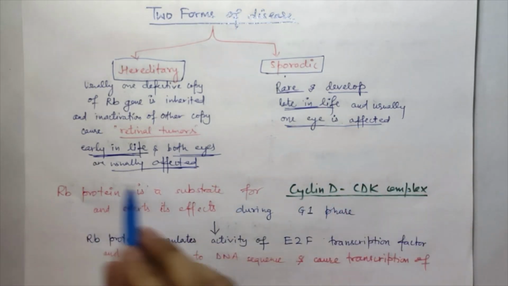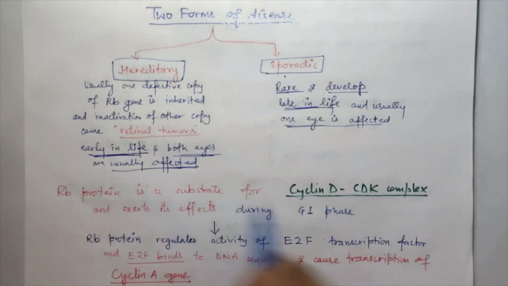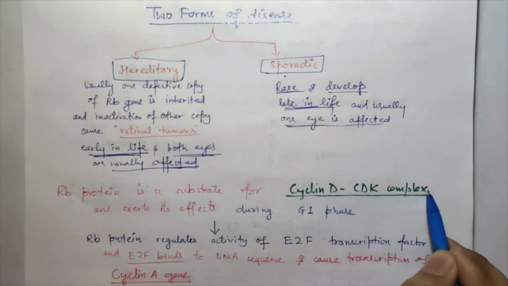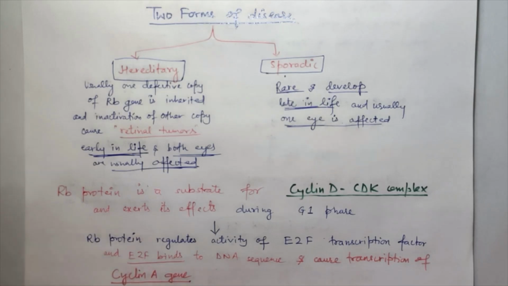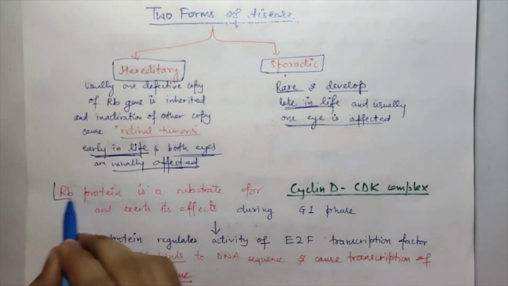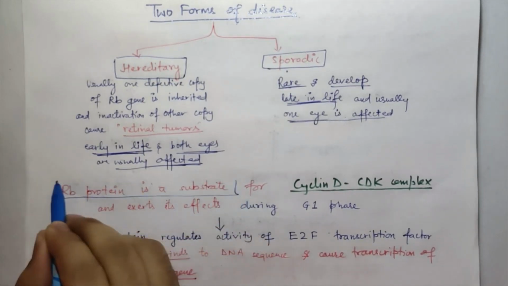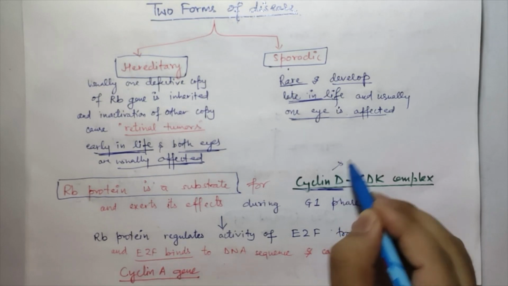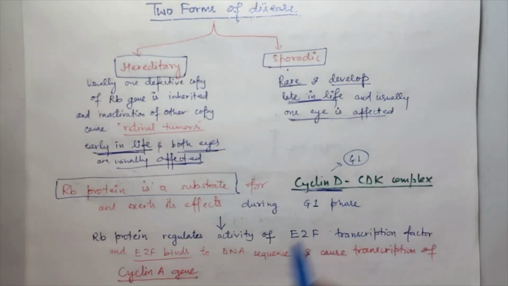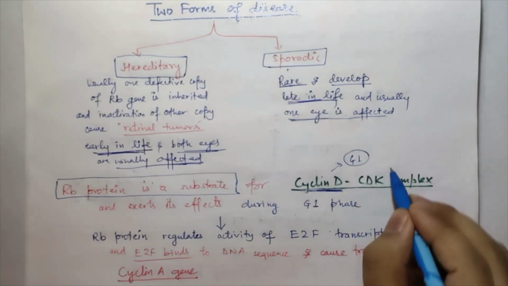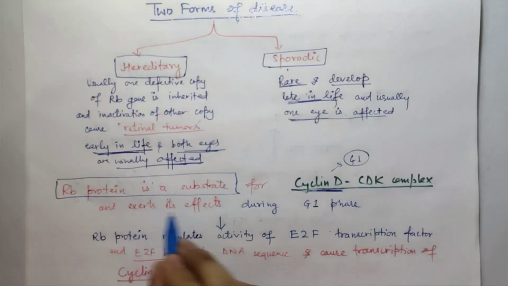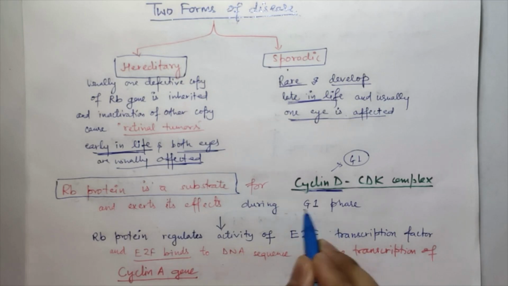Coming to its main function, how it works in association with the cyclin-CDK complex. Retinoblastoma protein is basically a substrate for cyclin D. Cyclin D is linked with the G1 cyclins category, and this cyclin D-CDK complex exerts its effect during G1 phase.